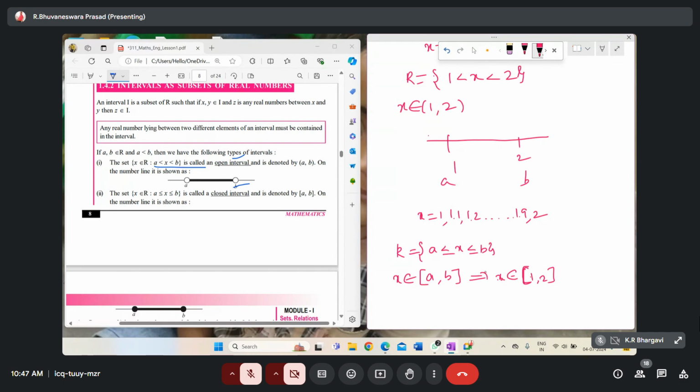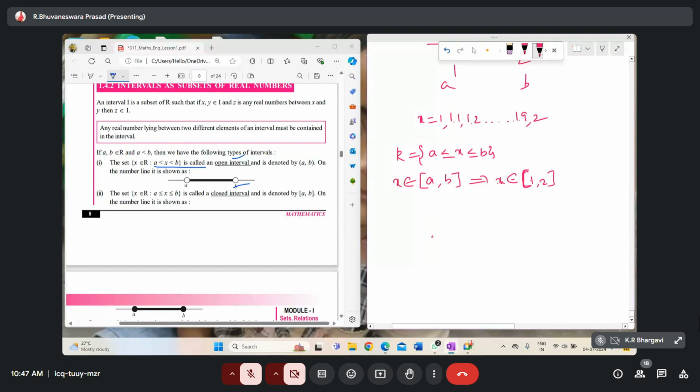Okay, so this is the same example. Here is 1 and here is 2. So the x values I will solve. I got x values 1.1, 1.2, 1.3, and so on up to 2. Here x is not equal to 1; the x values start from 1.1 and go up to 2, where x equals 2. Then x ranges over open interval 1 comma 2 closed.